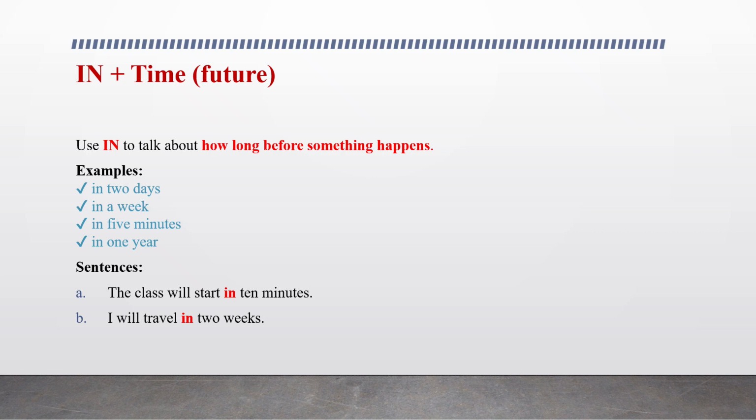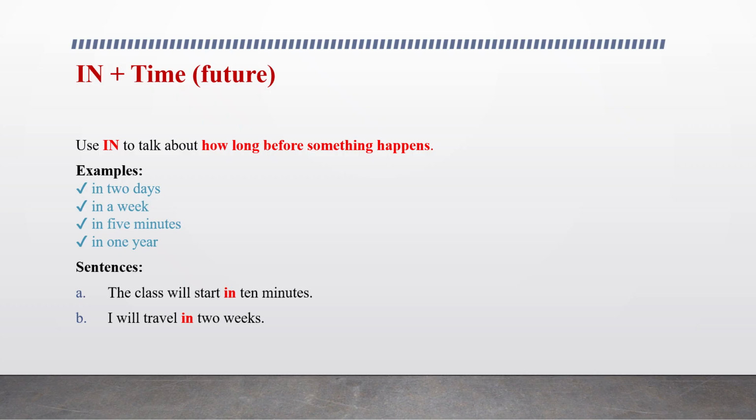The preposition in can also be used to talk about time, but this time around we are talking about the future, things that are yet to happen. So we can use in when we want to talk about maybe our plans, something that you are planning to do later.